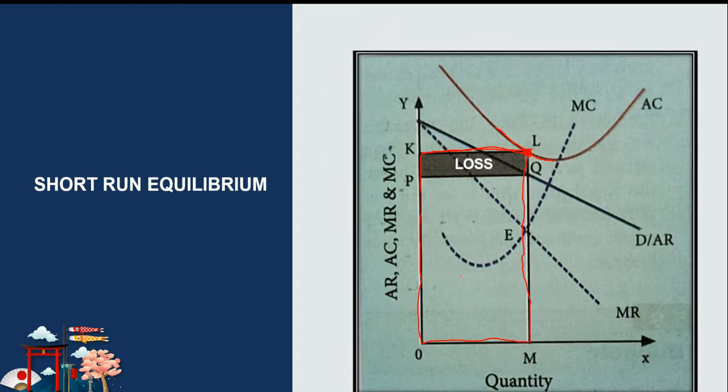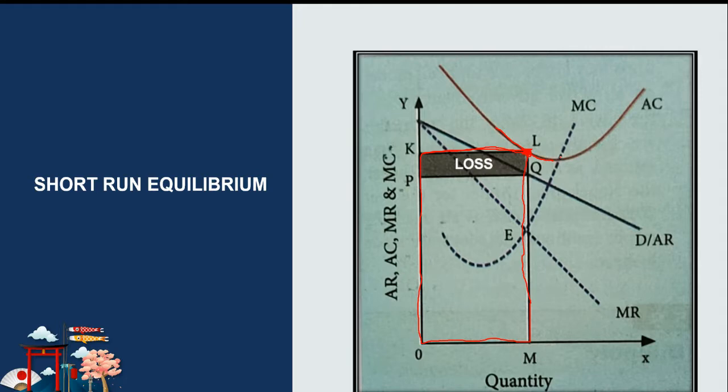So like the previous diagram, you have to draw the x-axis and the y-axis. On the x-axis, you will mark the quantity. On the y-axis, AR, AC, MR and MC. Then you draw the AR curve. Then you draw the MR curve. AR is above and MR is below the AR curve. Then the AC curve is a U-shaped curve. Then the MC curve is also a U-shaped curve, but the MC curve cuts the AC curve at AC's lowest point from below.